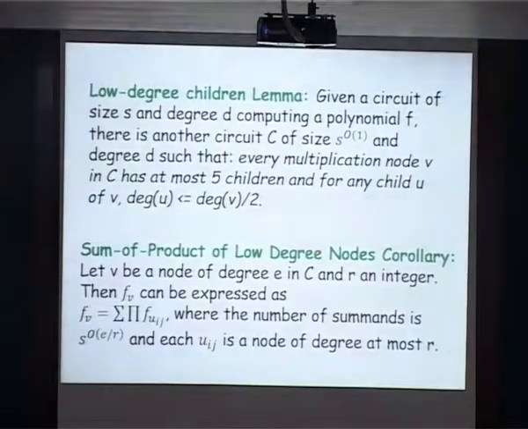suppose our circuit had the following nice property: every multiplication node has at most 5 children, and for any child of a multiplication node, its degree is at most half the degree of the parent.